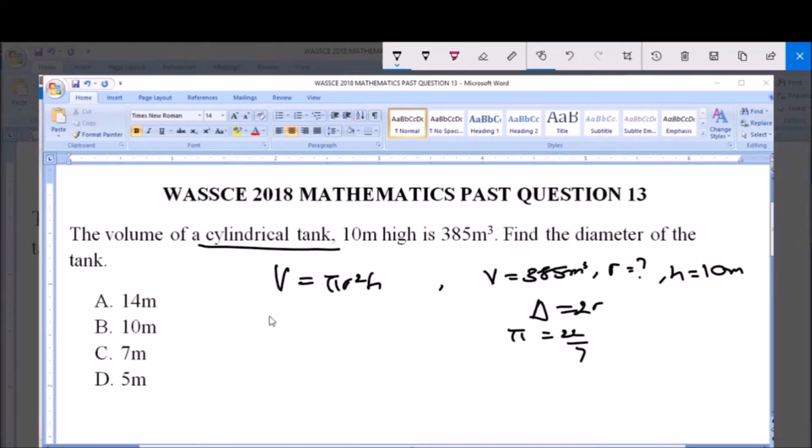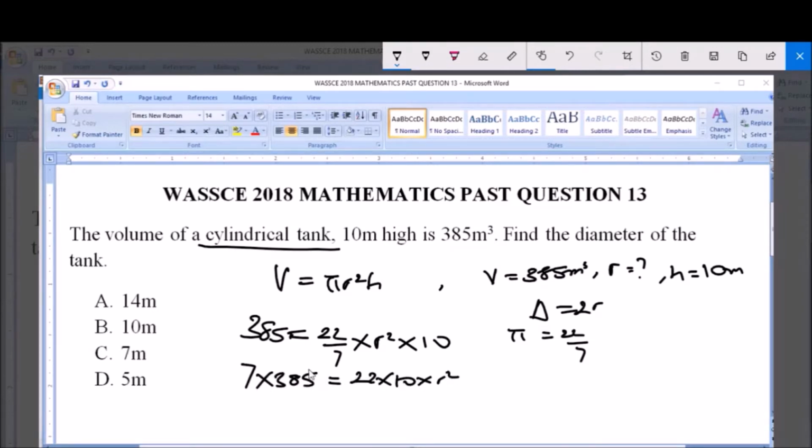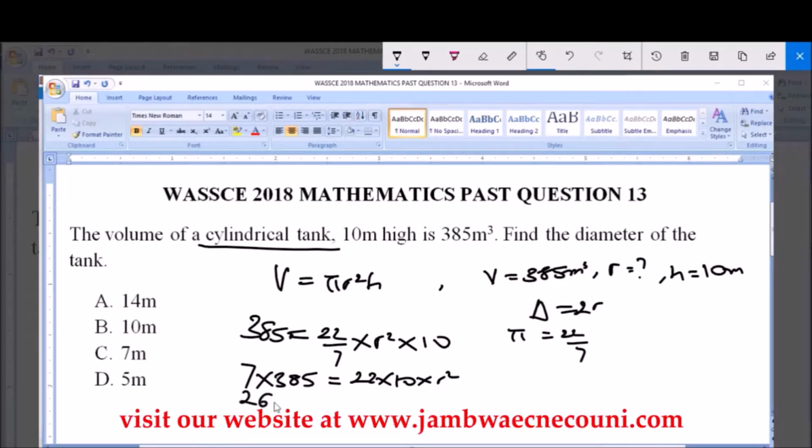Now we can simply say 385 is equals to 22 all over 7, which is the pi, multiplied by r square multiplied by 10. From this we can say 7 multiplied by 385 is equals to 22 multiplied by 10 multiplied by r square. So from here we have 2695 is equals to 220 r square.